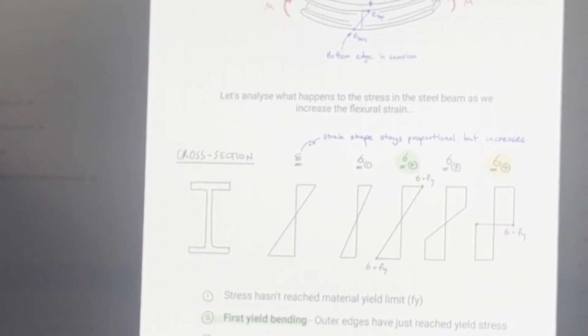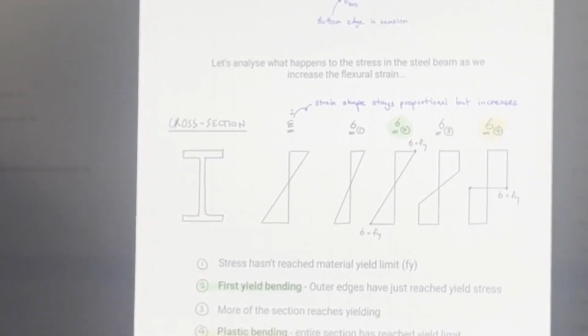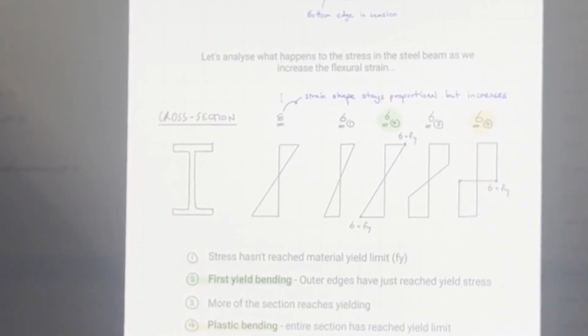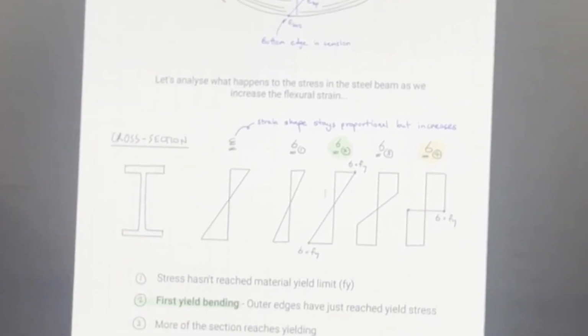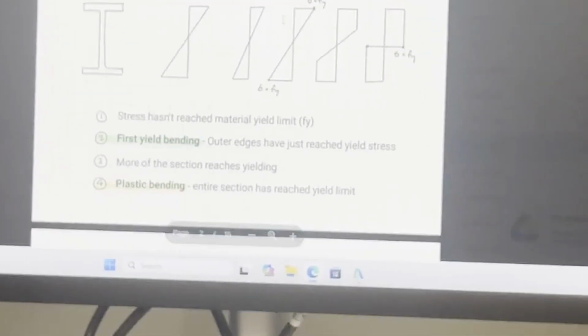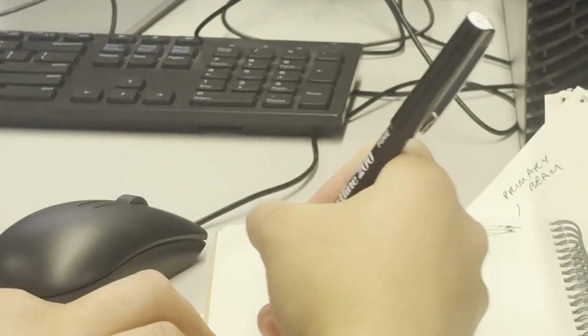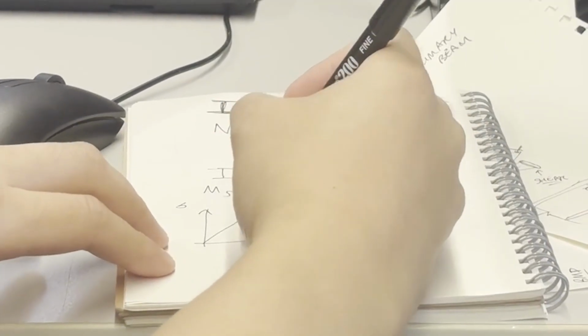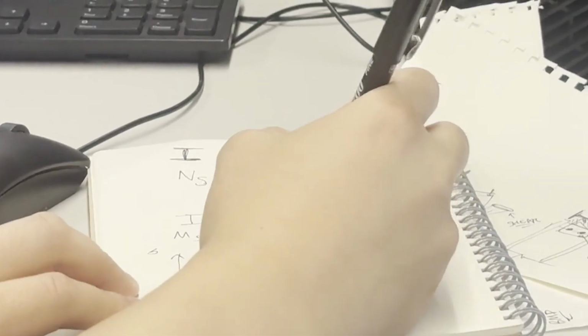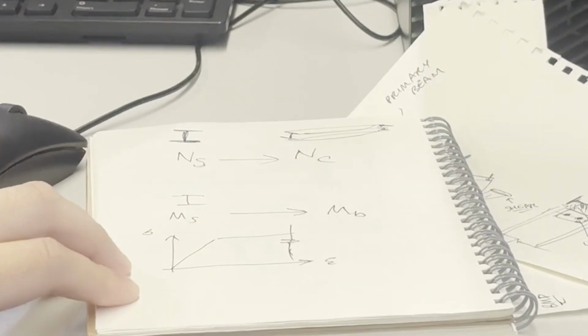Now let's analyze what happens, not in this strain, but the stresses for a steel beam, okay? So steel beams basically have this material curve. And it's the same for tension and compression, okay? And this keeps going, but I'm not going to draw the rest, okay?